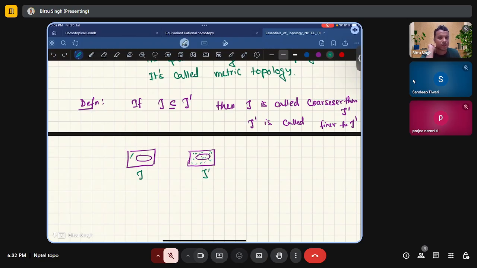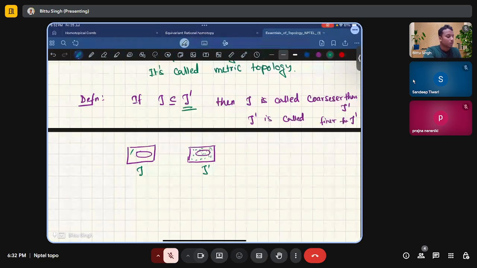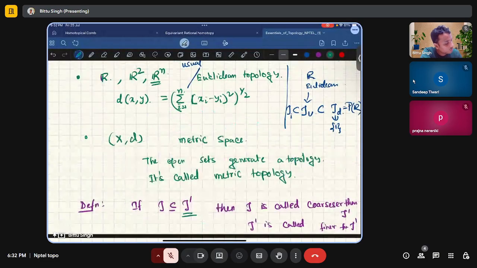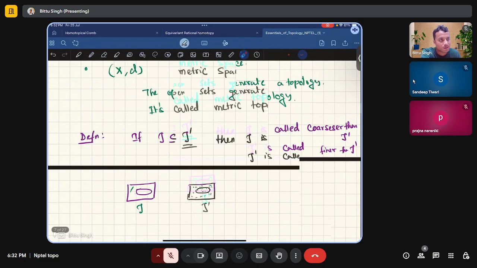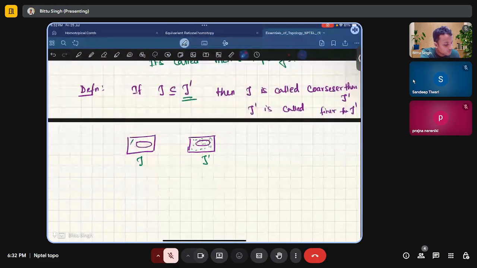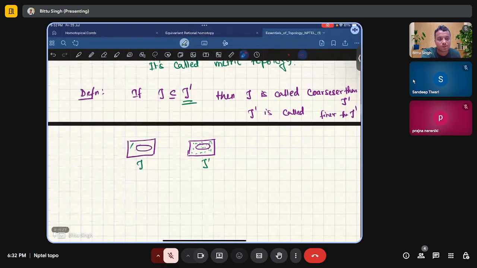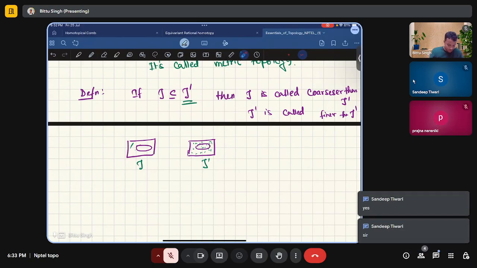That is why the name is finer. Tau dash is called finer. So here we can already see that the power set, or discrete topology, is the finest possible topology, because it has everything, and the indiscrete topology is the coarsest possible topology. Is it clear?